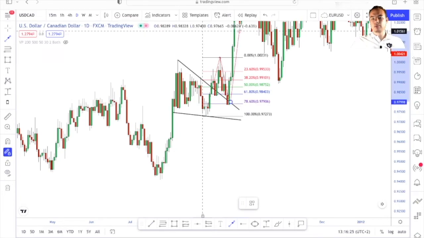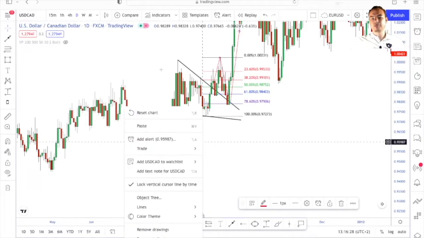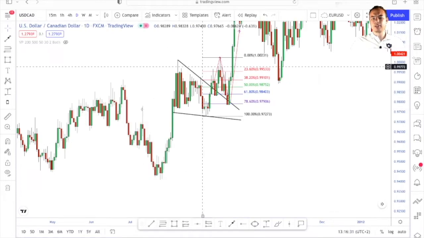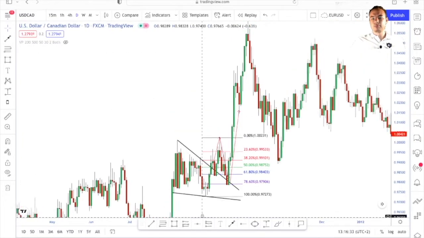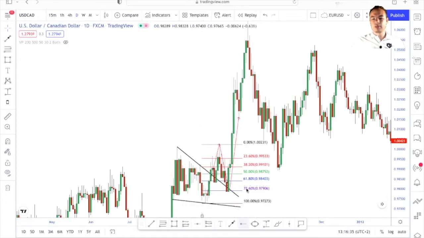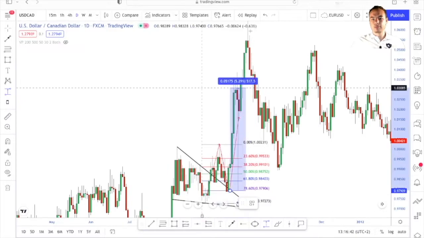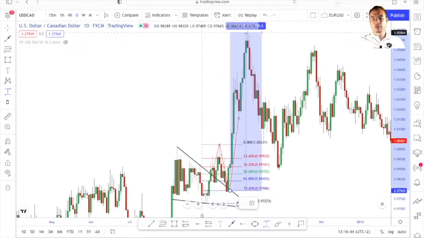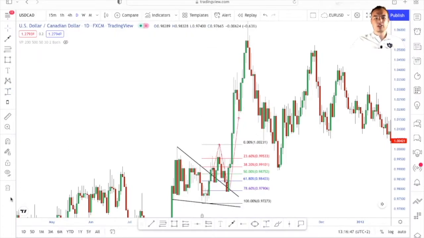So price is most likely going to go higher, which it did for a little bit. If you look at the daily from that open, it's like 800 pips. So that's a falling wedge.